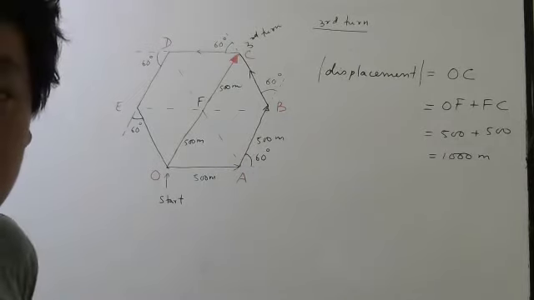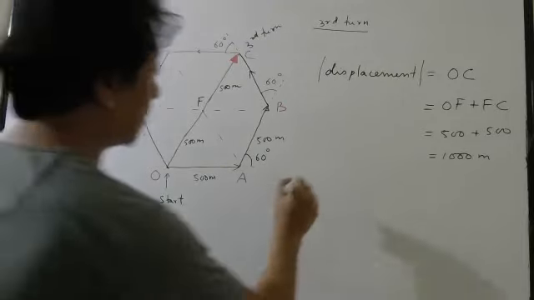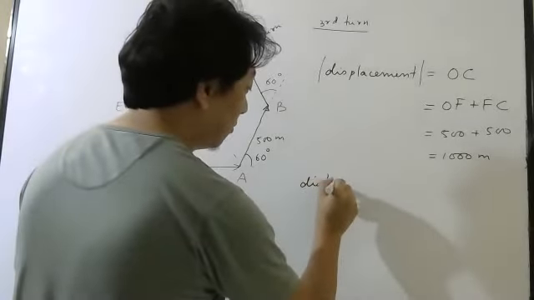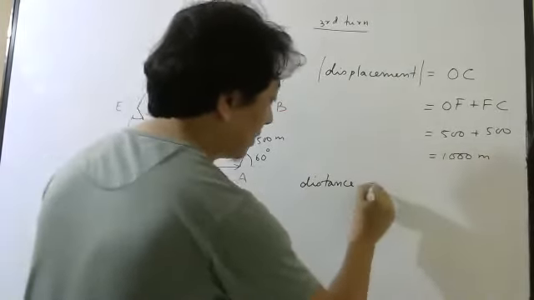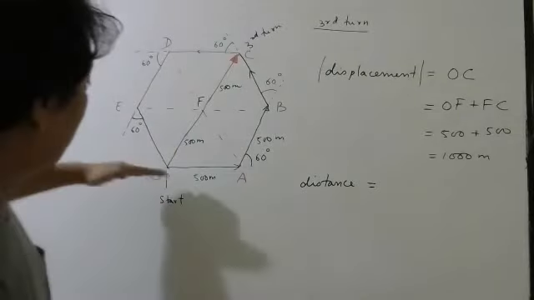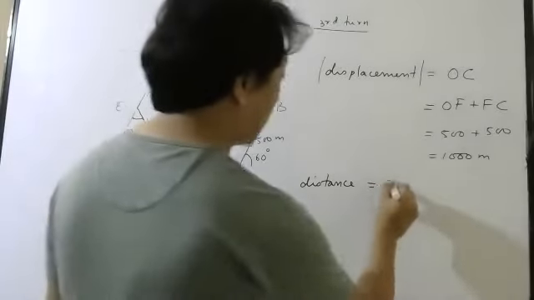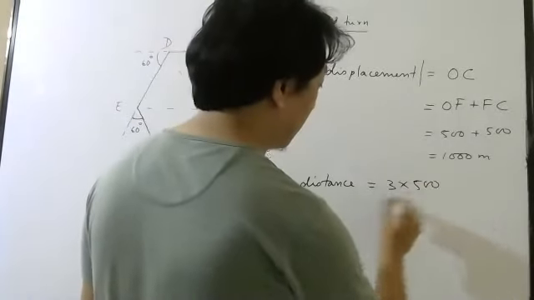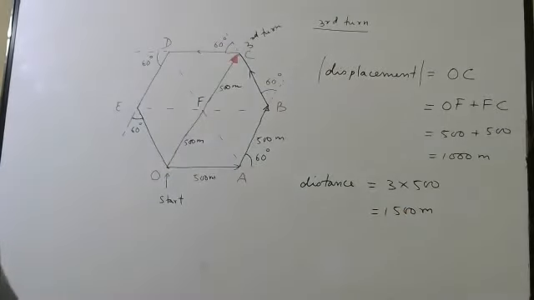After the third turn, just after the third turn. Now, what will be the distance? They also told you distance. Distance means the total length of the path: 500, 500, 500. So it will be 3 times 500, which is 1500 meters. I hope everybody understood.